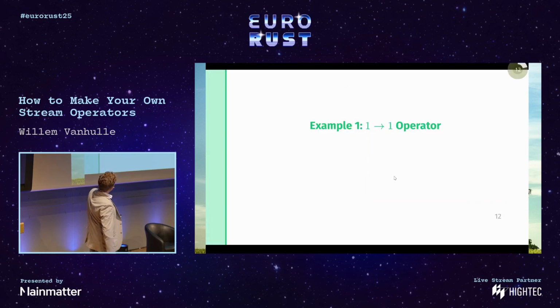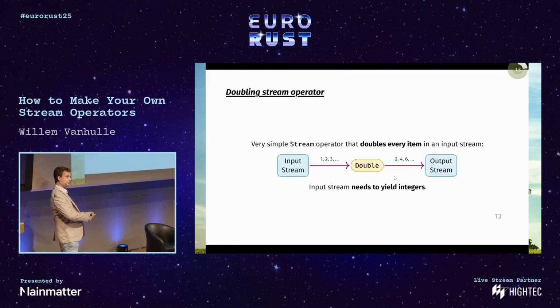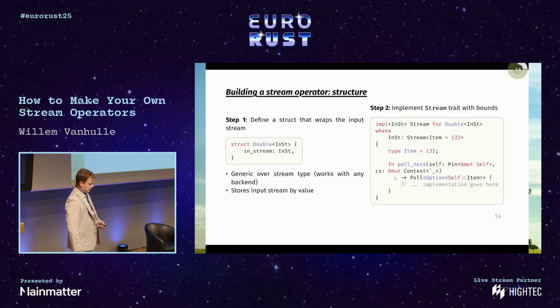Okay. Now, the first example is going to be a simple example. We're going to try to build an operator. One of the most simple things you can do is take an integer stream and multiply each value of the integer stream. So it's very simple in concept. But I'll show you the things that you always have to do when you build stream combinators.